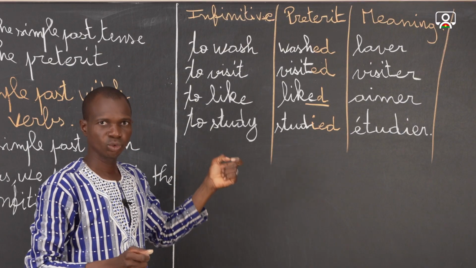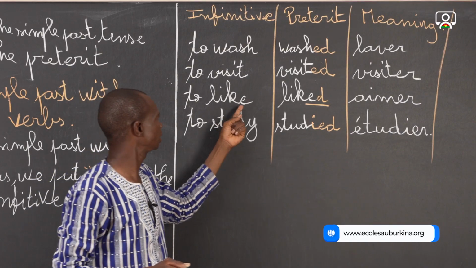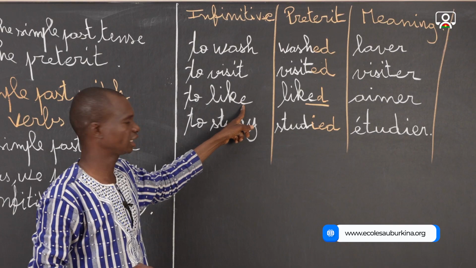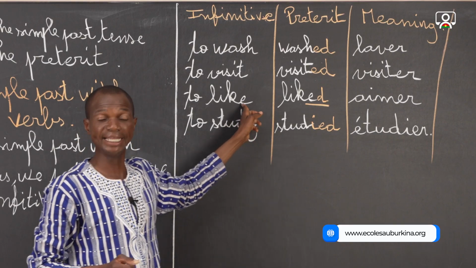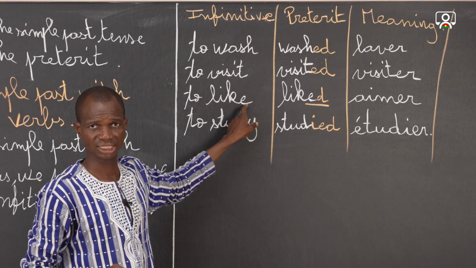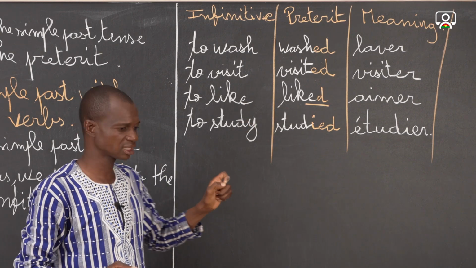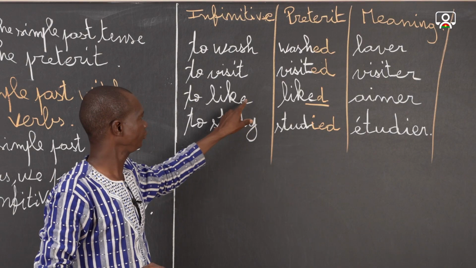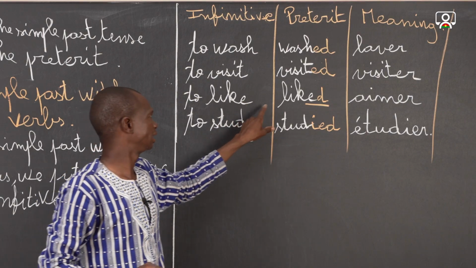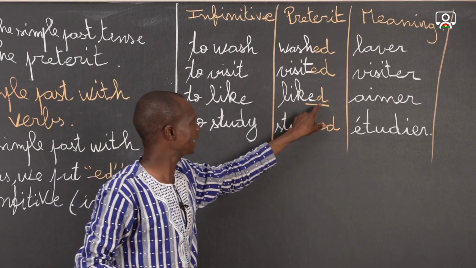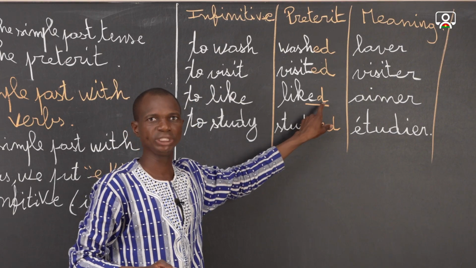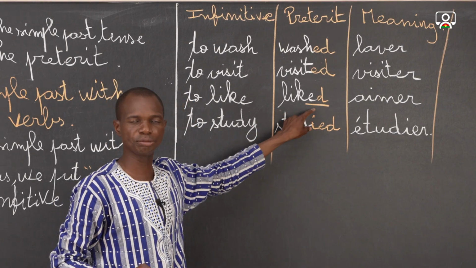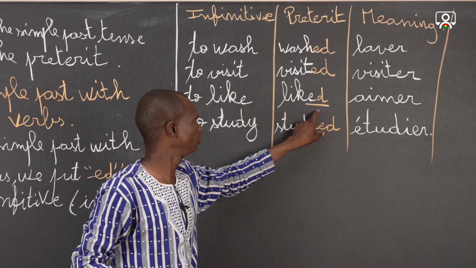Now, what we can remark here is that like is a regular verb ending in e. It is the same as the other regular verbs ending in e. If it is so, then we just put d to get the simple past of this regular verb.